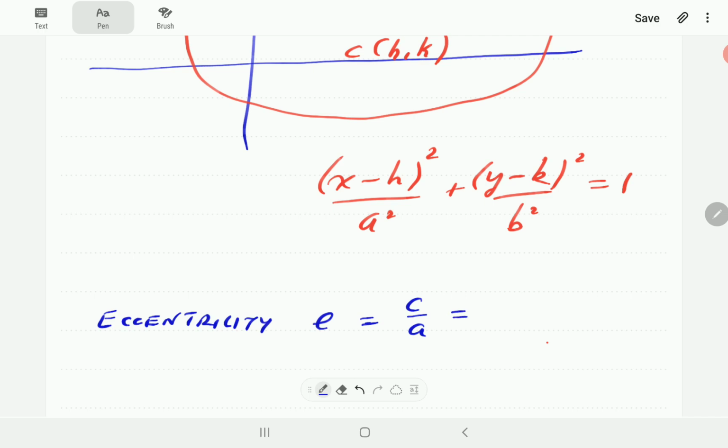In terms of just a and b, this is going to be the square root of a squared minus b squared, all over a.